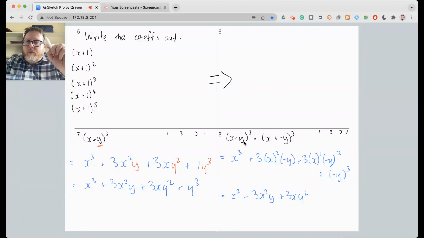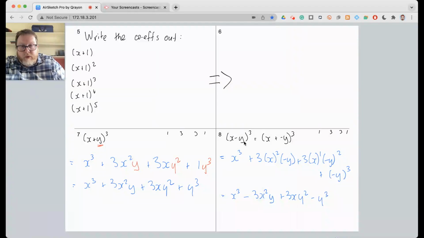But if you raise a negative number to an odd power, power 1, power 3, power 5, power 7, you're going to get a negative result. So negative y to the power of 3 is going to be negative y cubed. Notice the pause there, negative y cubed. But if you raise it to an even power, like negative y to the power of 4, then you're going to get a positive number. You're just going to get y to the power of 4. Okay, so what does that mean? To finish off this problem then, I've got a negative y cubed at the end, so I'm going to get negative y cubed.